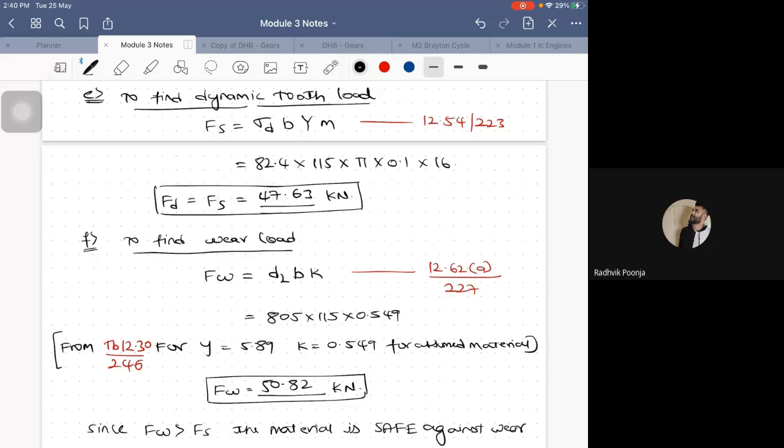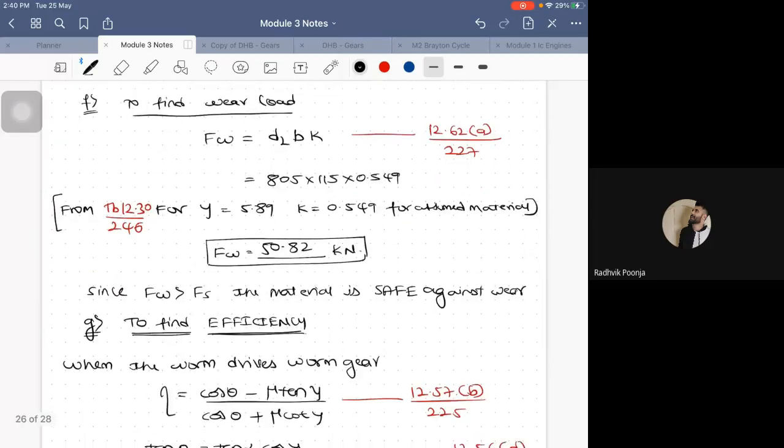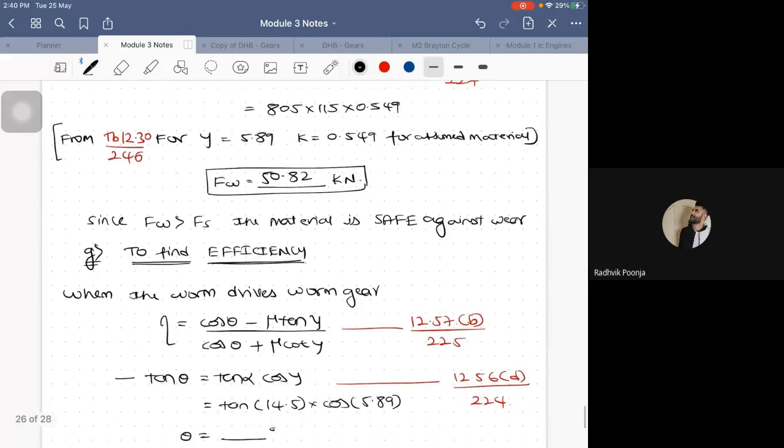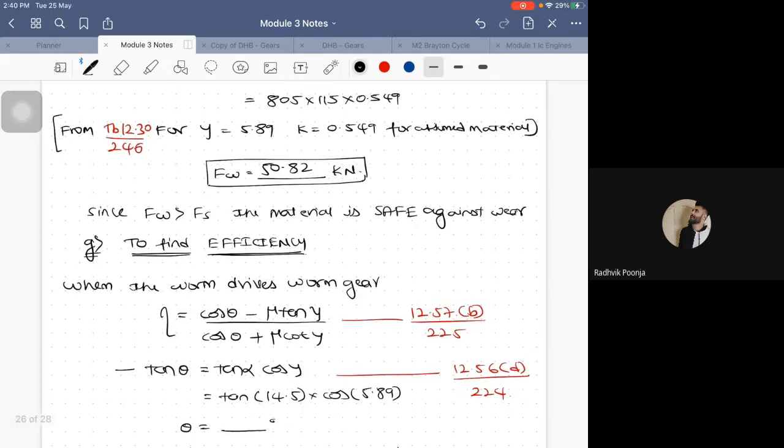Yes, very good, the efficiency calculation, with the same formulas again. First calculate theta, then calculate mu. Mu depends upon the rubbing velocity, so you need to pick a formula based on the V you have calculated.